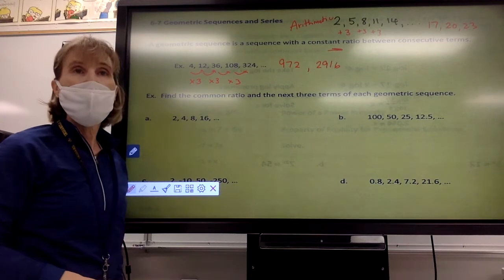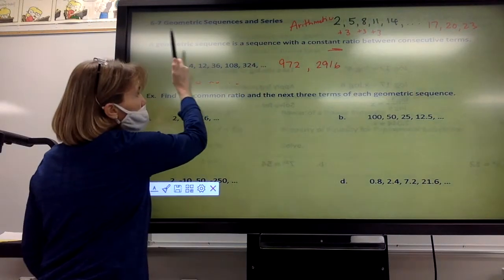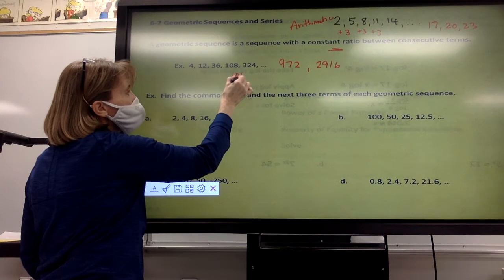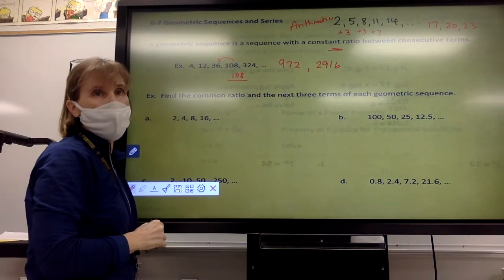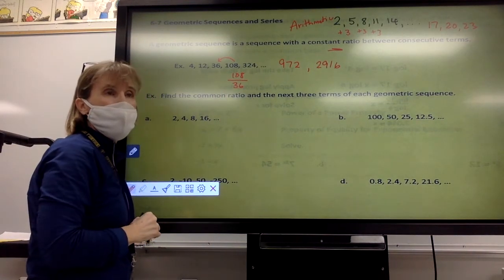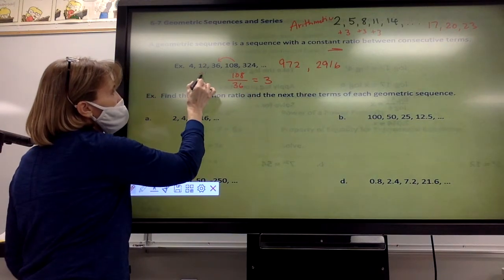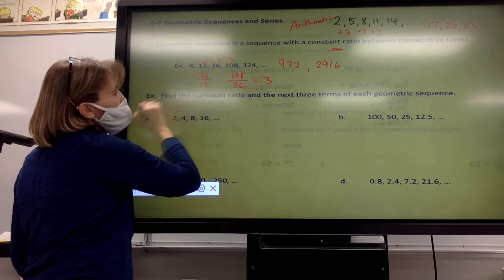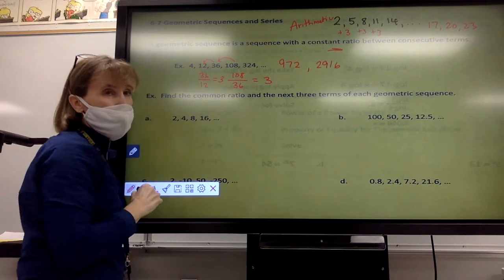If it's hard to tell what's happening, remember it's a ratio. Take any number in the sequence, let's say 108, and create a ratio with the number directly in front of it. 108 over 36 gives 3 on the calculator. 36 divided by 12 is also 3.